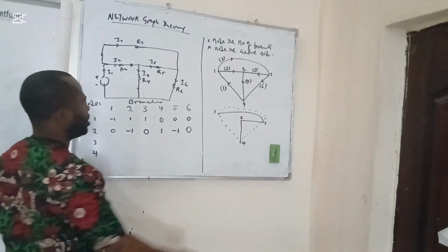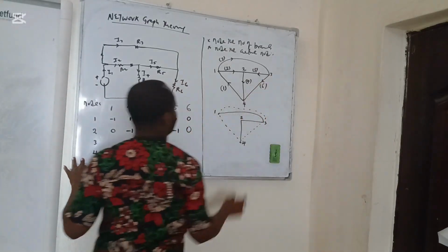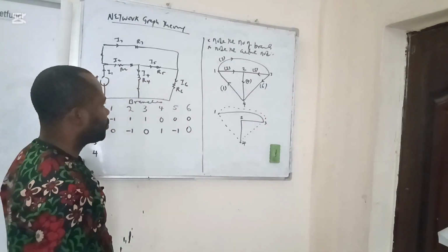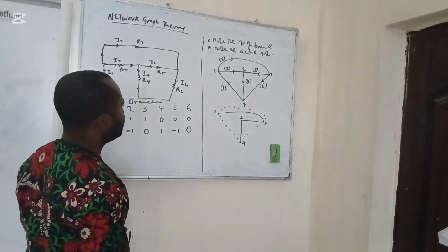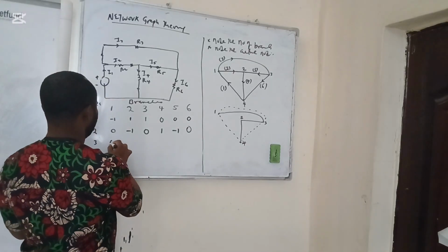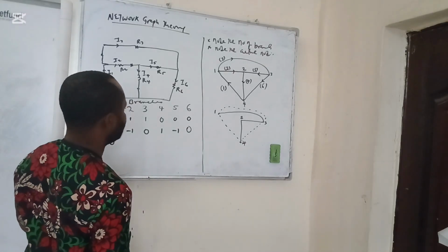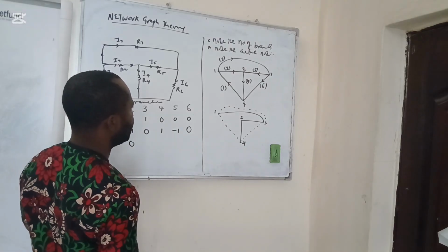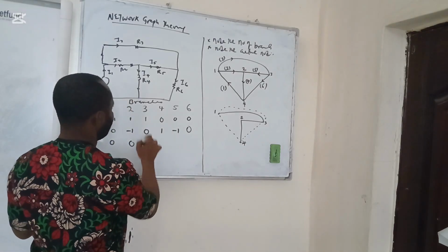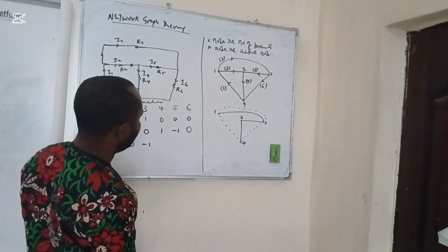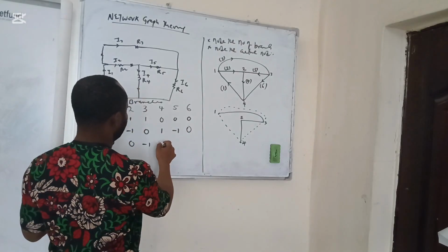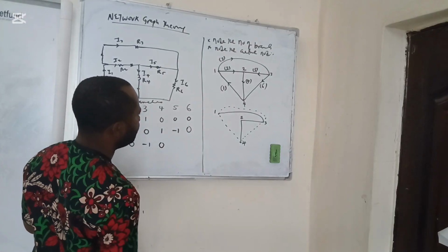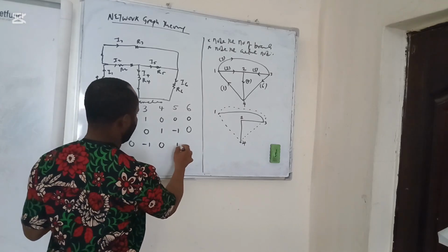So let's consider node 3. Node 3 with branch 1 is 0. Node 3 with branch 2 is 0. That of 3, we have -1, is moving towards that. 4 is 0. 5 is away, and 6 is away. We have 1, 1.